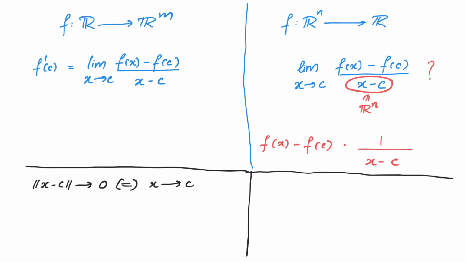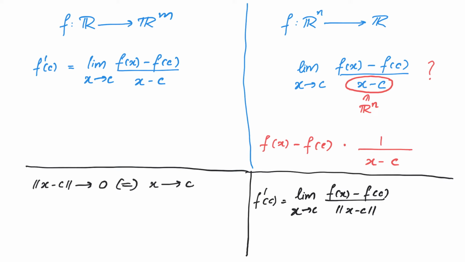Therefore, we might define that f is differentiable at the point c if and only if the limit as x tends to c of (f(x) minus f(c)) by the norm of (x minus c) exists. And when this limit exists, we call the value the derivative of f at the point c.